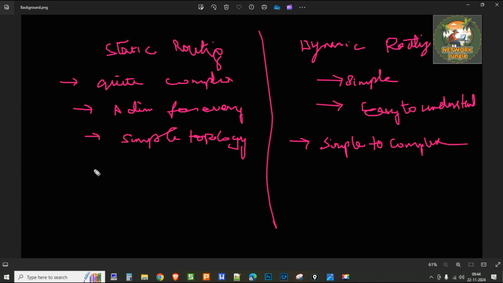The next one is security. Static routing is highly secured because we need to add the individual static routes in the routing table. So it is high security. For dynamic routing protocol, we need to configure security.